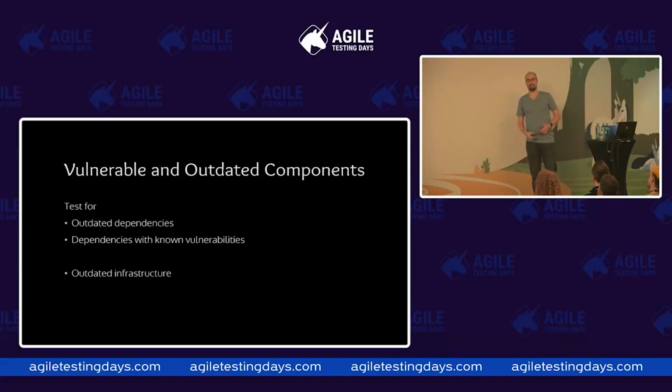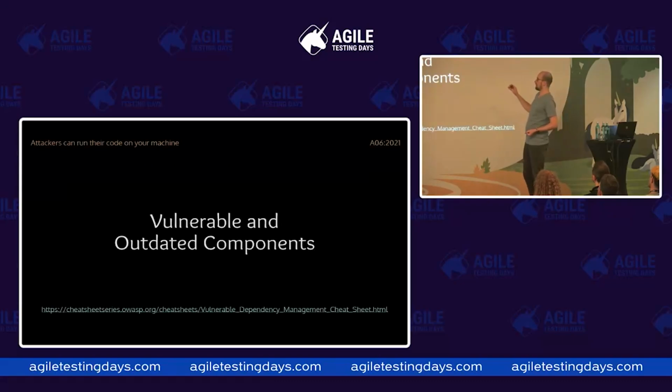So do you have outdated infrastructure? Or infrastructure with known vulnerabilities? The cheat sheet here lists an up-to-date list of tools you can use to automatically check this stuff. There are repositories of known vulnerabilities, and you can just check against that.